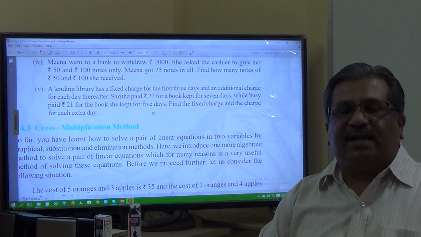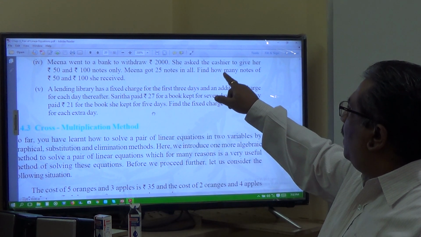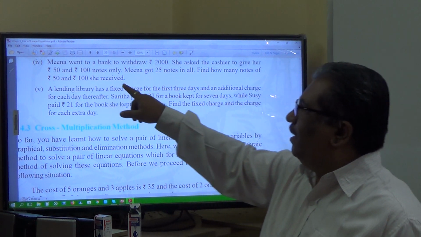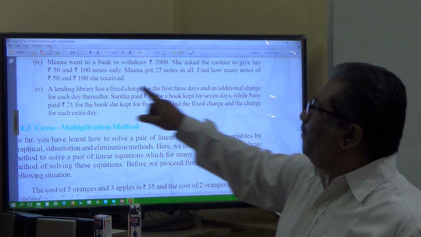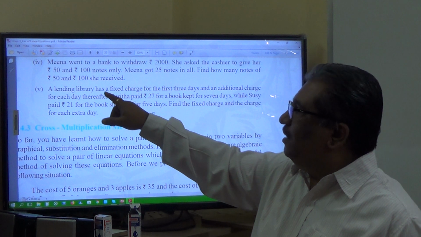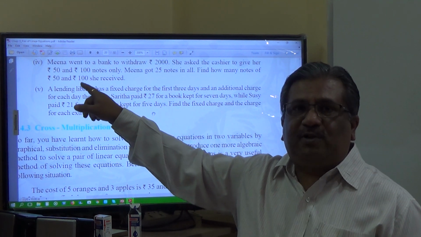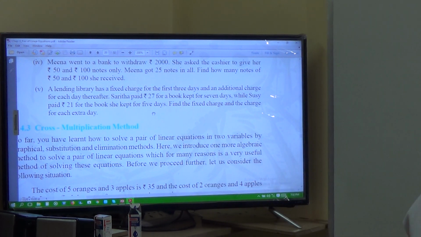The way the question is asked, that way the variables need to be assigned. The question is, how many notes of rupees 50 and rupees 100 she received. Let the number of 50 rupee notes received be x. Let the number of rupees 100 notes be y. With that we will proceed. Okay, fine. Let's start.